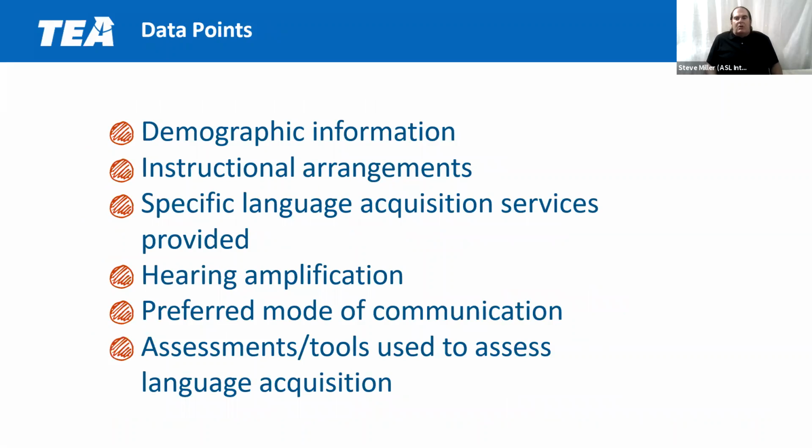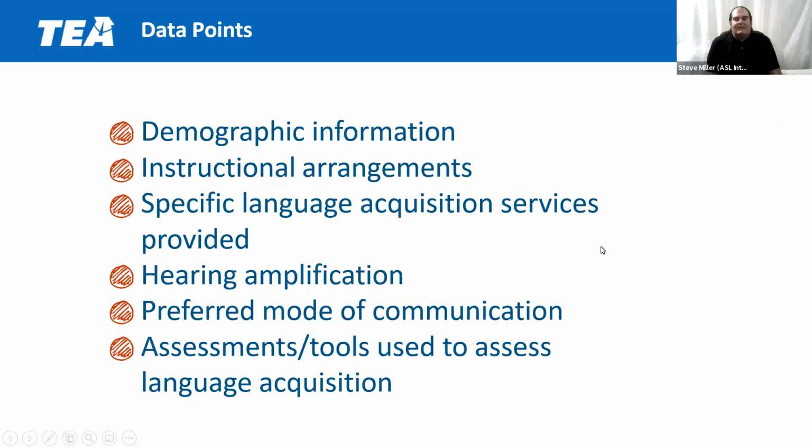And what information are we collecting annually? First, we're going to get the demographic information, for example, their age, their gender, their race, their disability, etc. Next will be instructional arrangements, the time that's spent in the instructional environment.